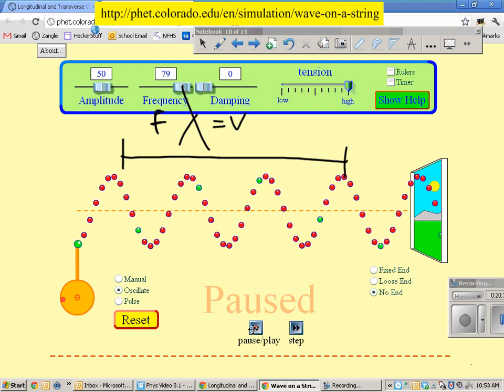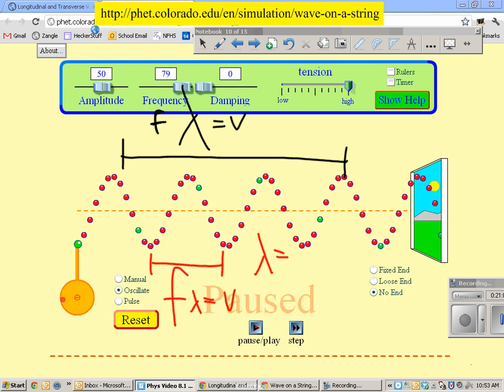Now we've got a much smaller wavelength but a bigger frequency. So bigger frequency, smaller wavelength, but you get the same velocity. The only way to change the wavelength is by changing either the frequency or the velocity. Ultimately, the wavelength depends on the velocity and the frequency.